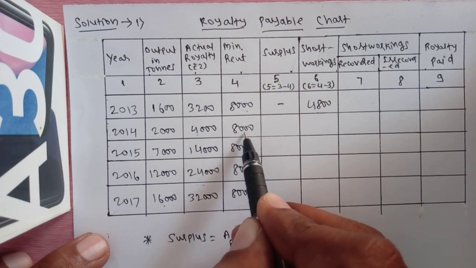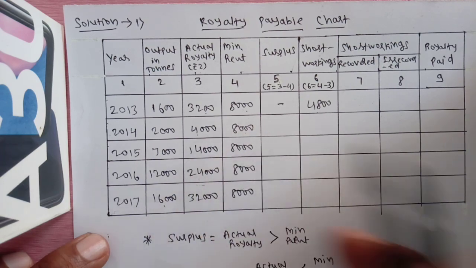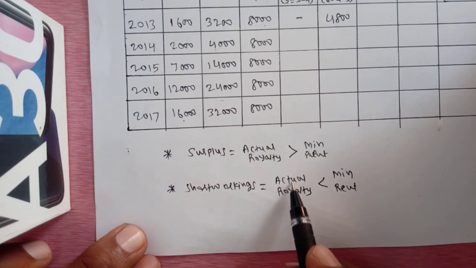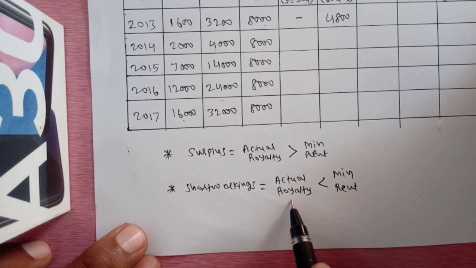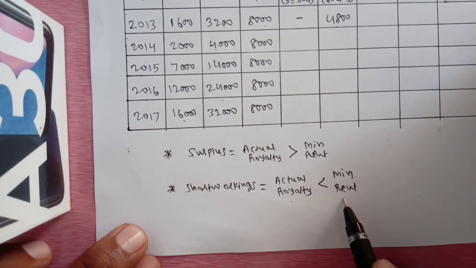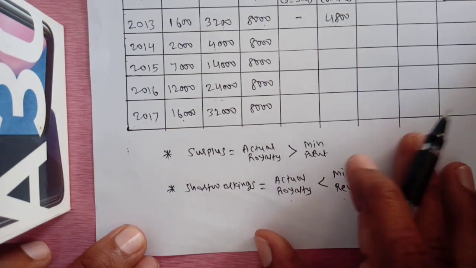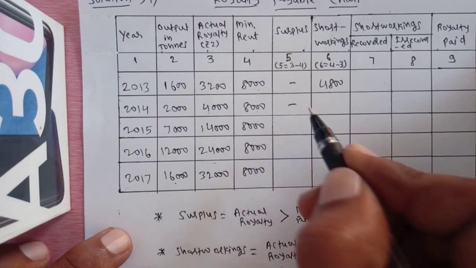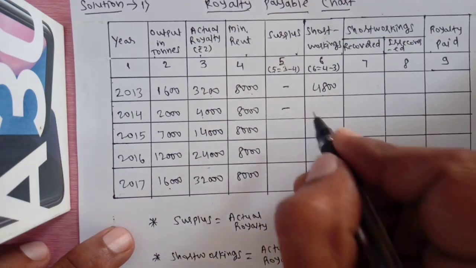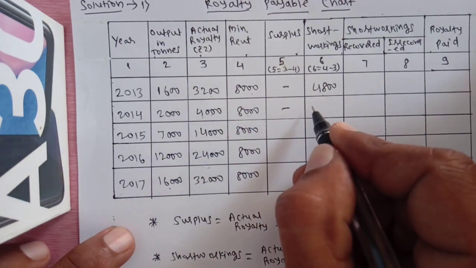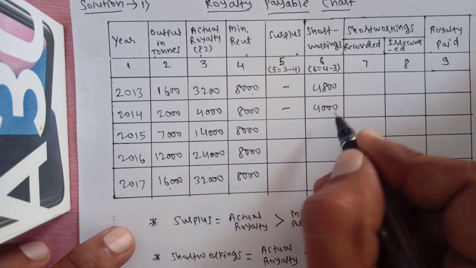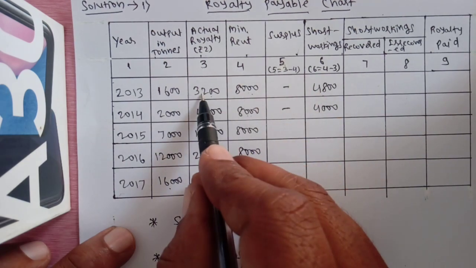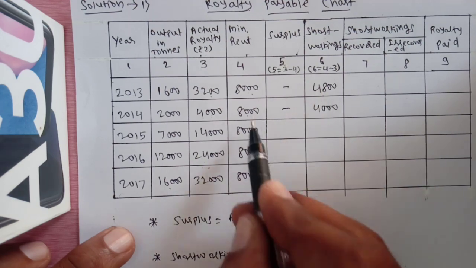So here also actual royalty is less than minimum rent, so there is no surplus. How much short workings? 8,000 minus 4,000, here 4,000. And 8,000 minus 3,200, 4,800.